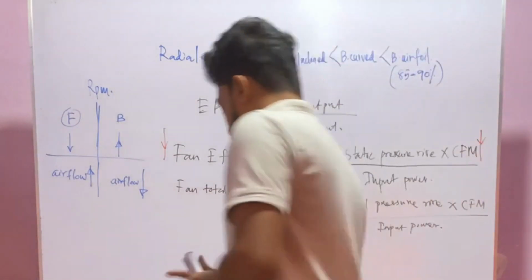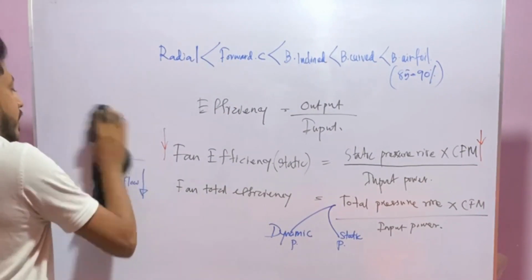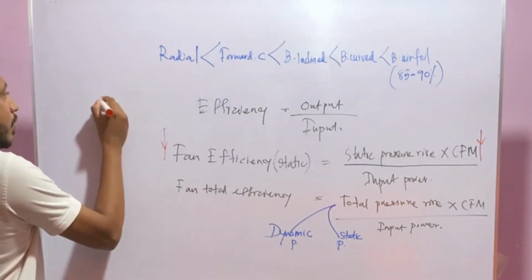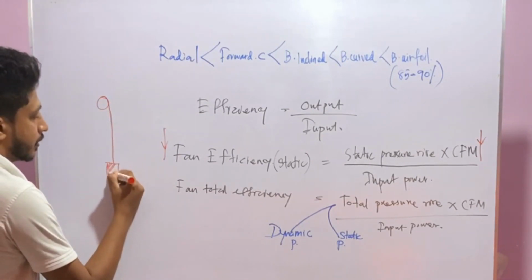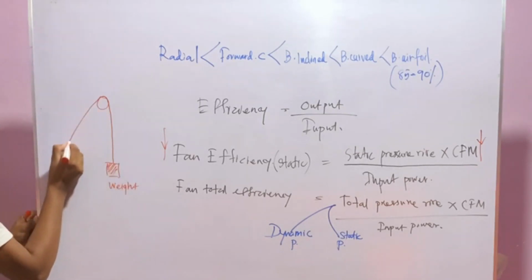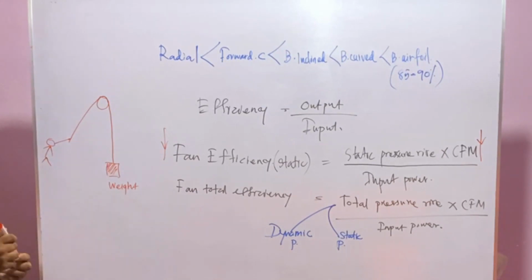Okay, before moving on, let's consider this example. So if you want to lift something, so this is the weight and you are going to lift it with your hand. Okay.